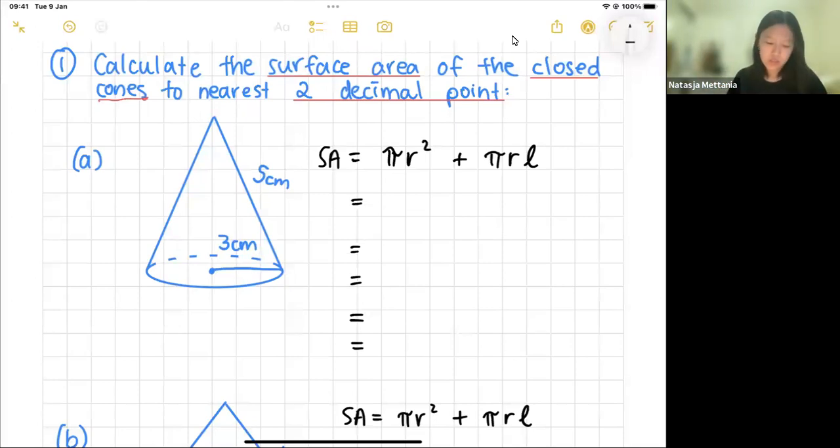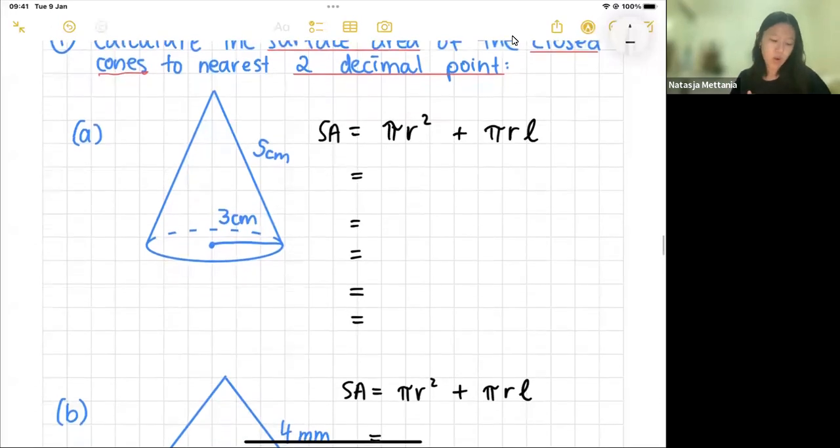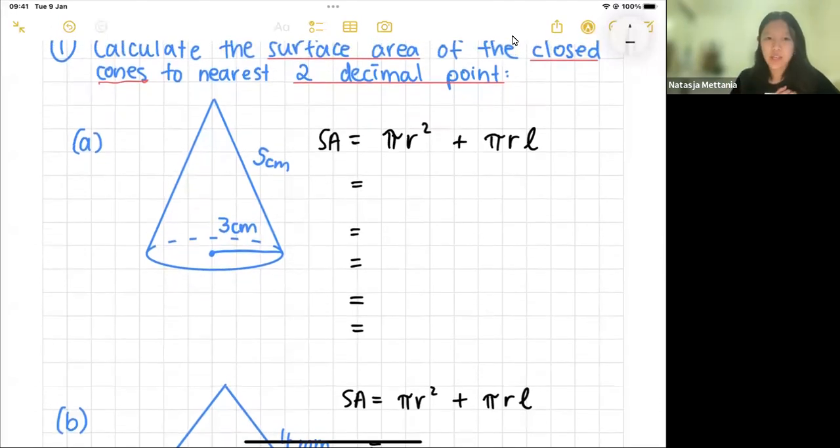Okay, let's get started. Question A. Surface area equals pi r squared plus pi r l, where l is the slant height. Write your formulas down. It makes it so much easier to remember if you keep writing it down as you work it out. Here r is my radius, 5 centimeters is my slant height.